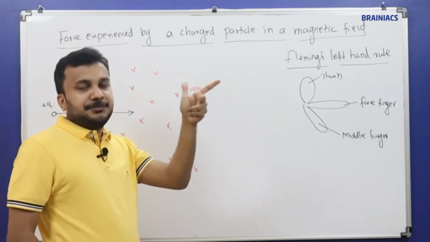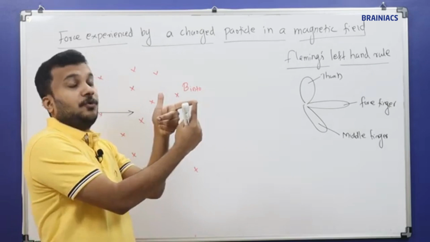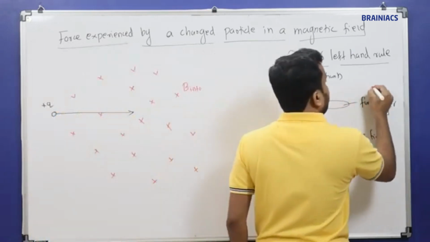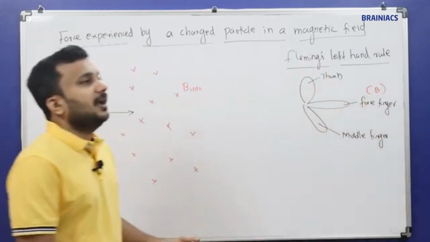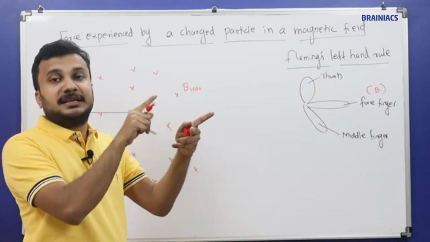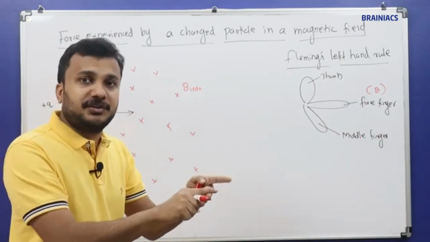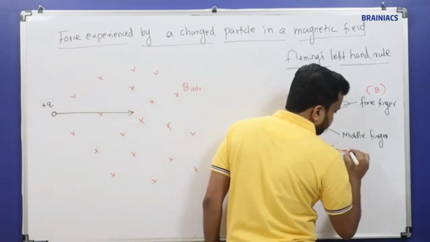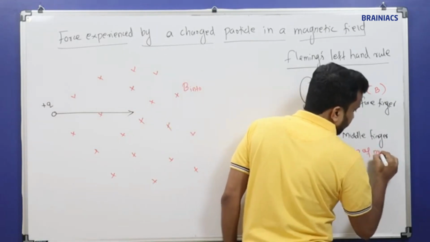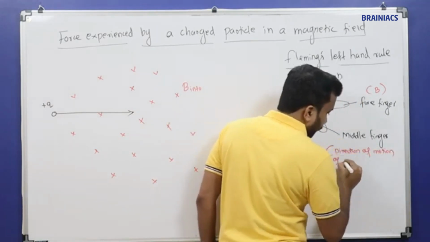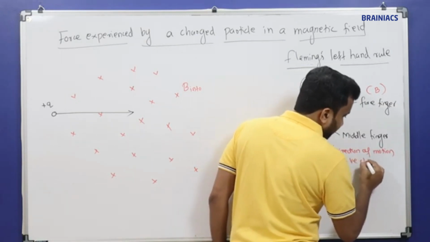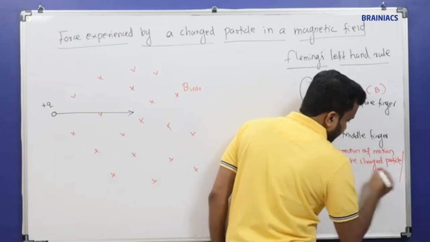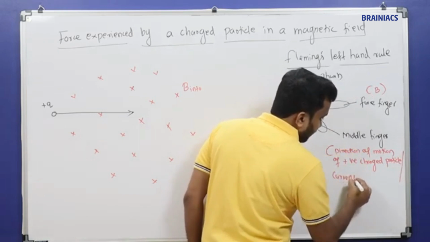If that is the case, then your forefinger represents the direction of the magnetic field, and your middle finger represents the direction of motion of the positive charged particle, also called the direction of current.